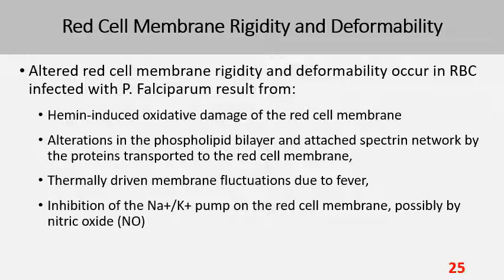The outer red cell membrane becomes rigid in the parasitized red cell, and then becomes non-deformable. And please note that the maneuver of the red cell through the microcapillaries is because of the alteration in shape, because ordinarily the size of a normal red cell is almost the size of a capillary or even bigger in some instances. So the outer membrane rigidity and loss of deformability contribute to the pathogenesis of severe malaria.